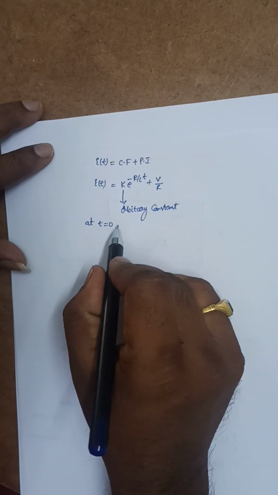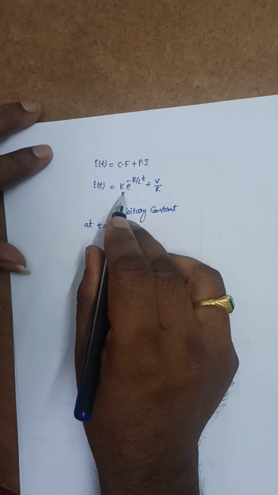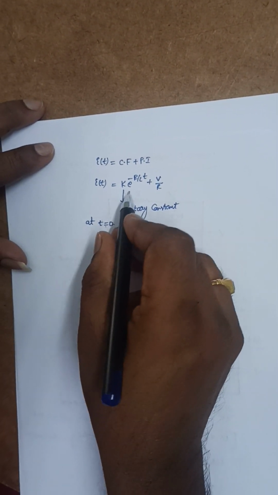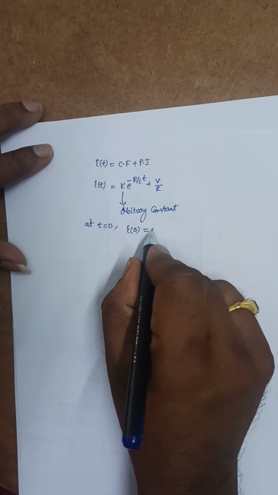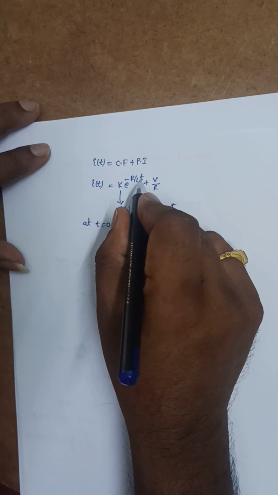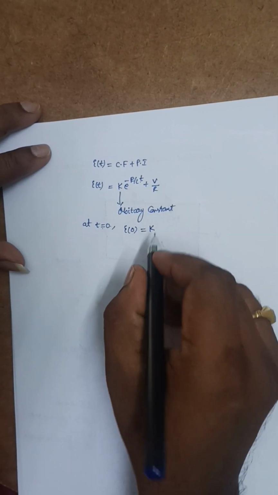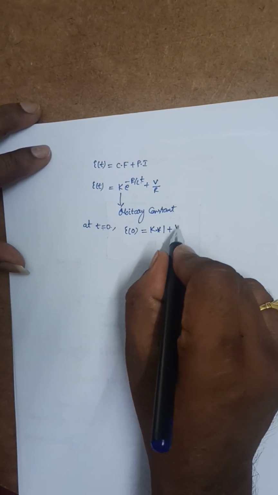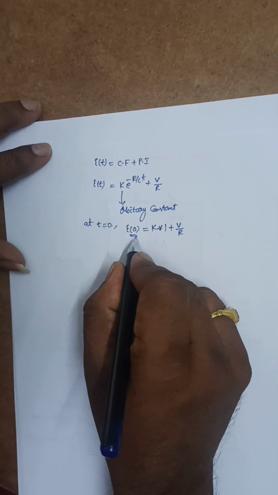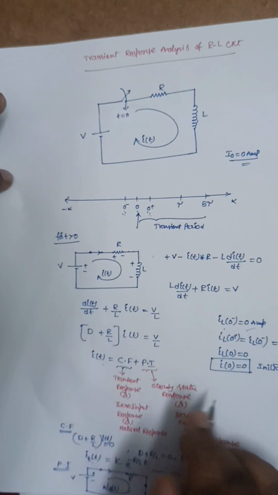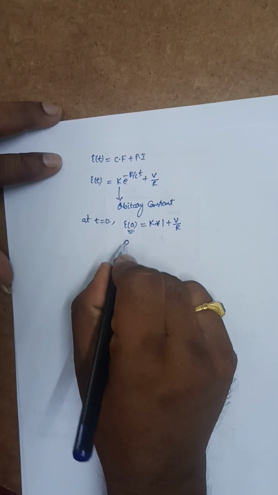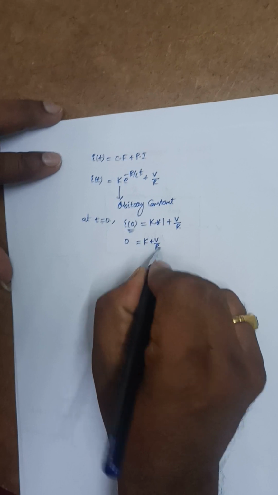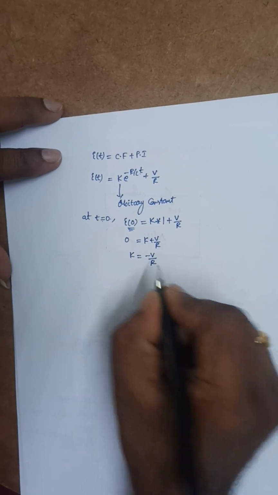From that initial condition, I can calculate the value of K. At t is equal to 0, substitute here: I of 0 is equal to K into e power 0, which is 1, plus V by R, already present here. I of 0, we just calculated, is 0. So 0 is equal to K plus V by R. Now K is equal to minus V by R.